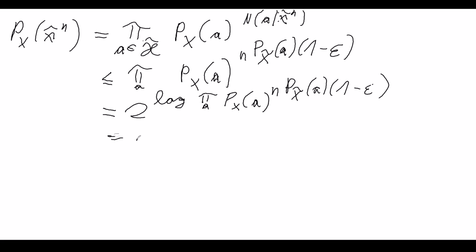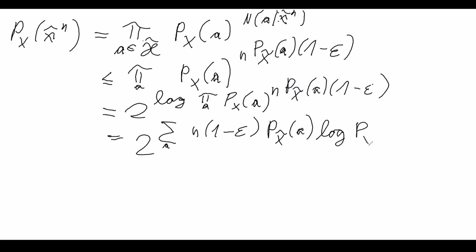So this is equal to 2 to the sum over all a of n(1 minus epsilon) Px̃(a) times the logarithm of Px(a). We just write the product as a sum because we take the logarithm, and the exponent goes to the front. So now we want to use this to calculate the probability. Therefore we delete this here, just keep in mind what we have there.